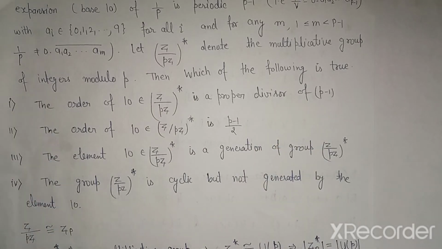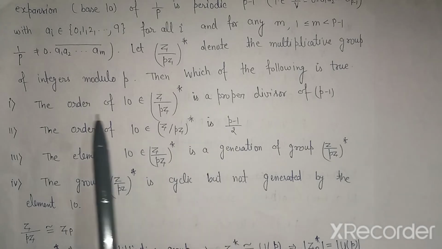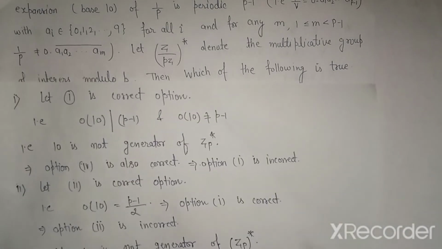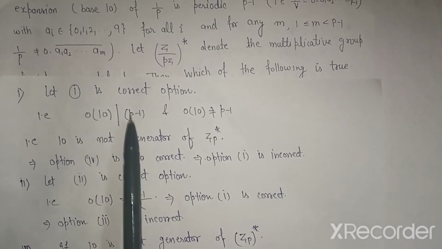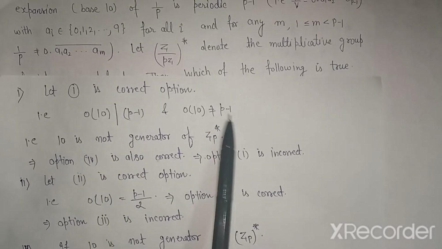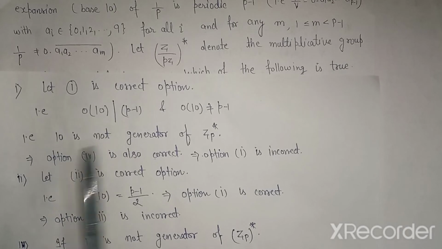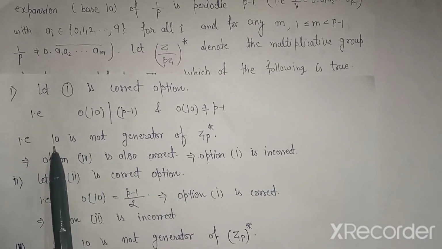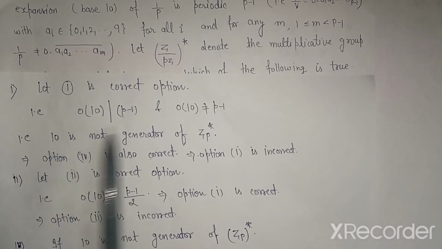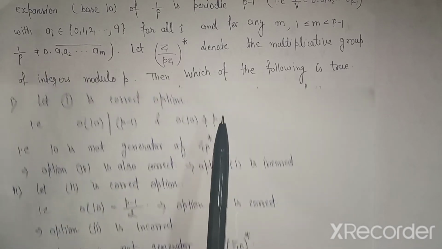If the first option is true, the order of 10 is a proper divisor of p minus 1, not equal to p minus 1. This implies 10 is not a generator of Zp star, because if it is a generator, then its order is exactly p minus 1.